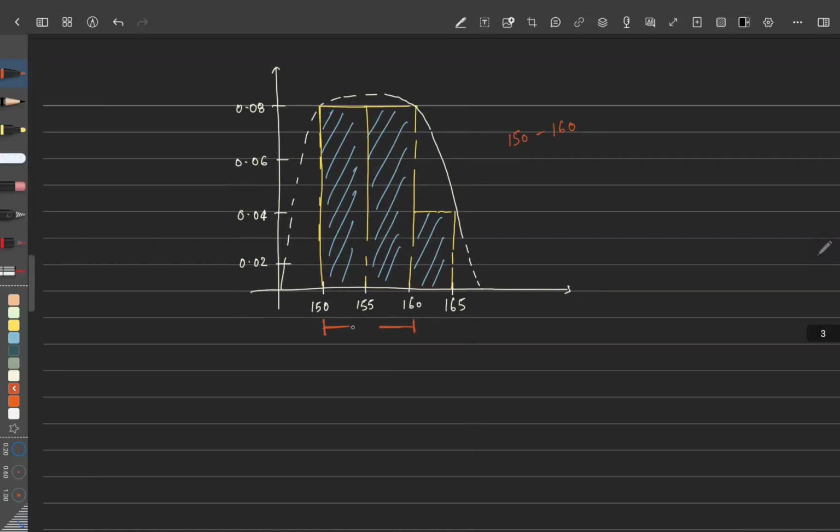Because the area, or more area, because the area between the range 150 and 160 is the most. So this range covers the most area under the curve. Yeah, so that is what we are doing.